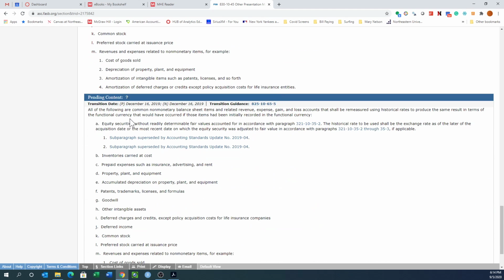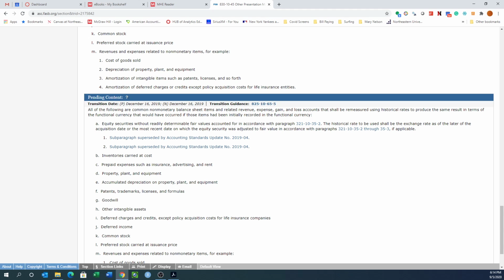And so you always have to be looking at your transitional guidance, right? So different types of equity securities, ones that do not have a ready market value, those you can use historical rates.